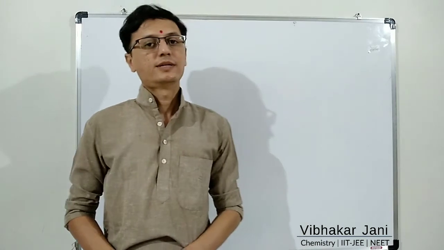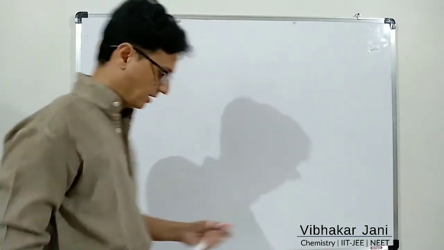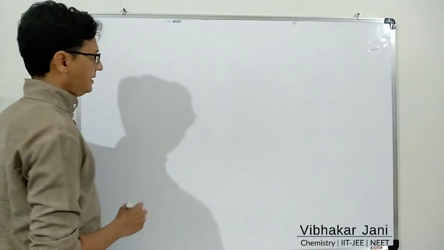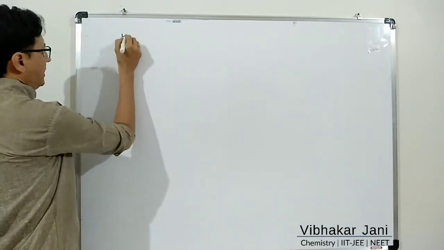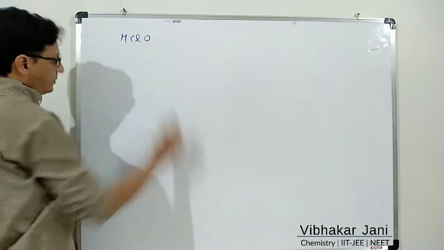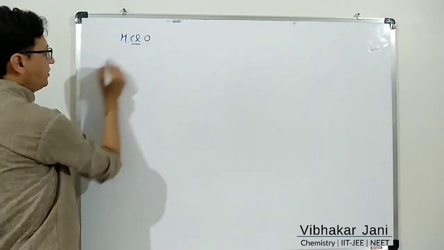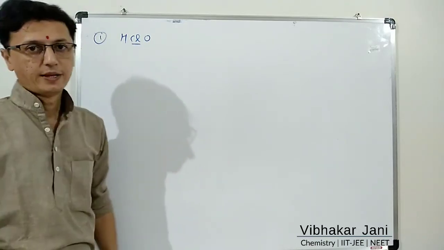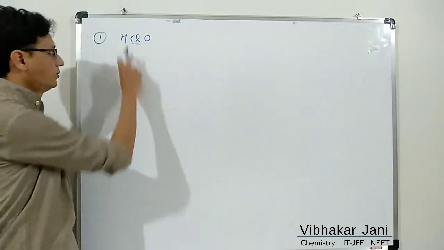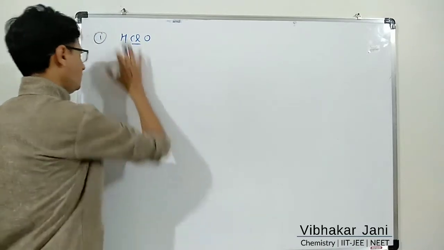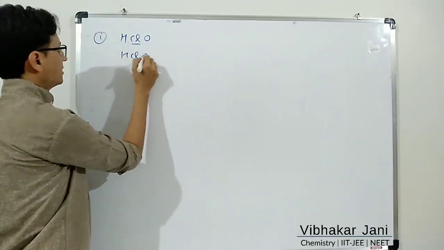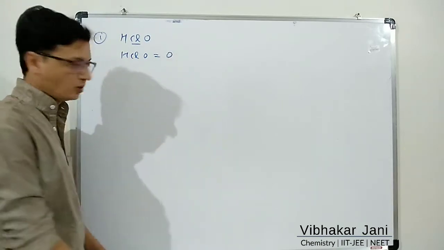So take your note and pen and let us start. Our first example today is HClO, and we are going to find the oxidation number of chlorine in it. HClO, oxidation number of chlorine. First of all, as this is a neutral species, the total oxidation number will be 0.